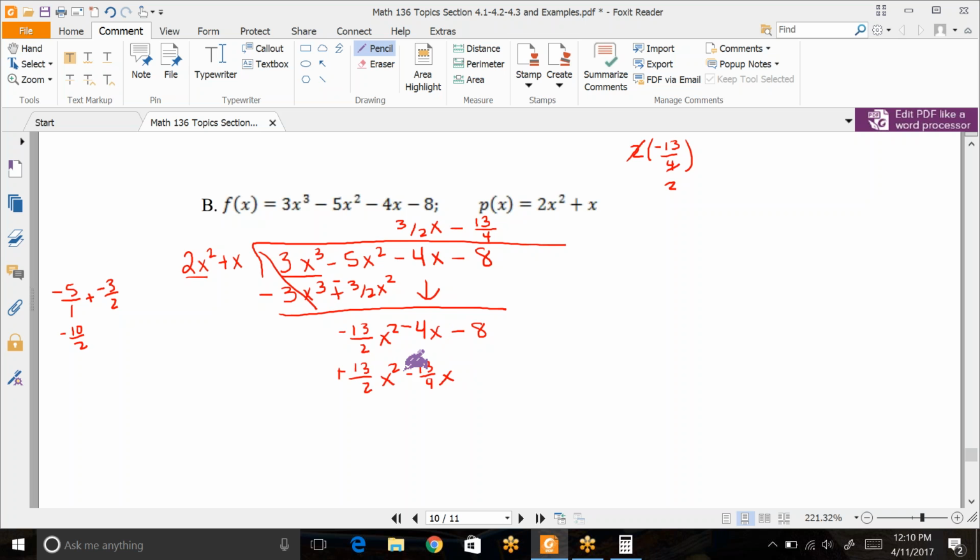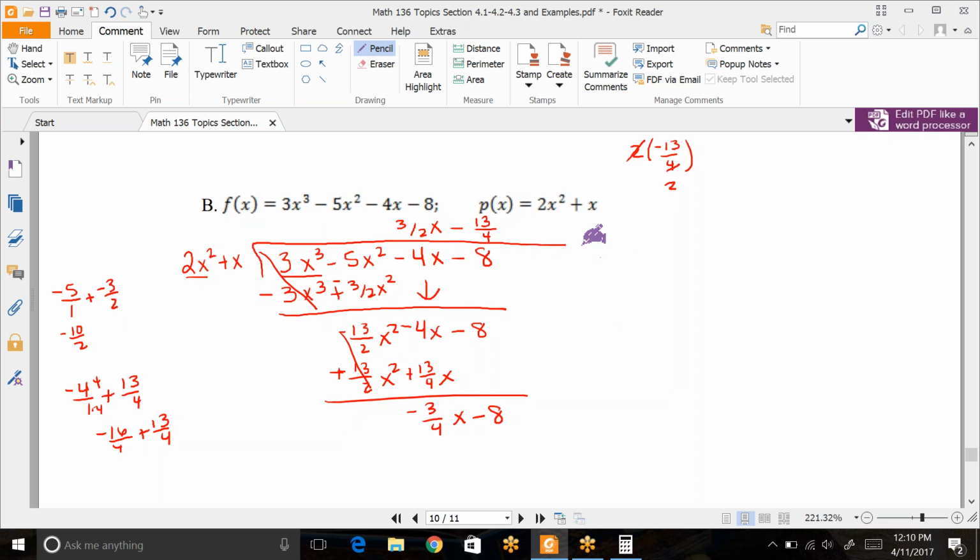And then remember, because this is division, we change our signs. That's going to cancel. I'm going to use -4 over 1 plus 13 over 4. Get a common denominator. So that's -16 over 4 plus 13 over 4. That's going to make this -3 over 4 x minus 8.